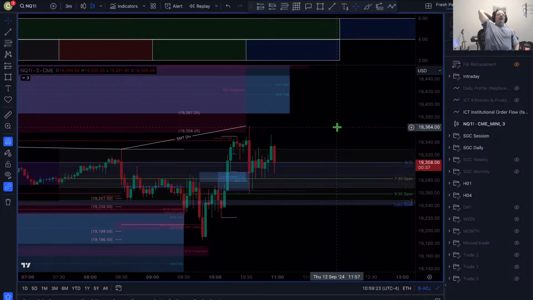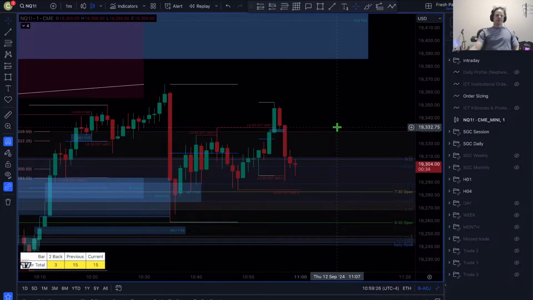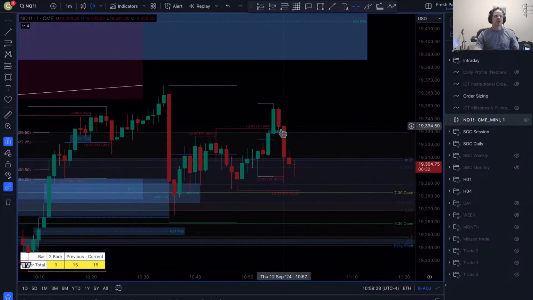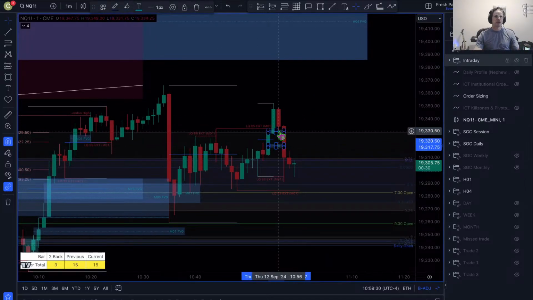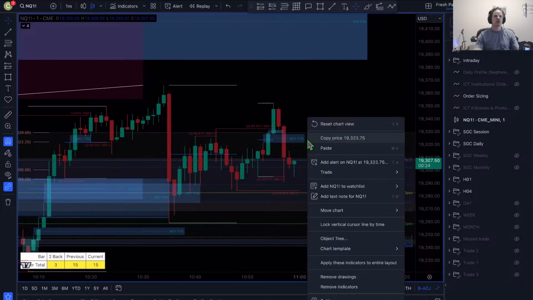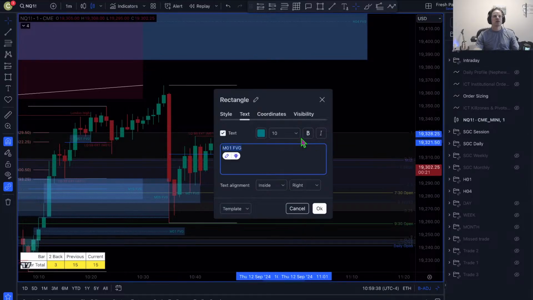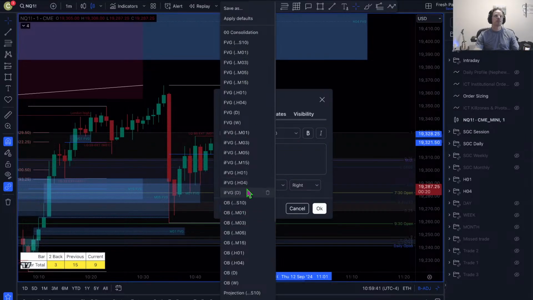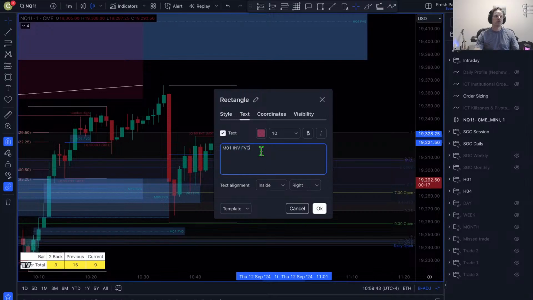We filled that M3's fair value gap, but we did not fill the M1 fair value gap. We did get a reversal of this. So we refuted that. So you've got this balanced price range here. Could potentially trade from if it ever comes back up there. Might not.